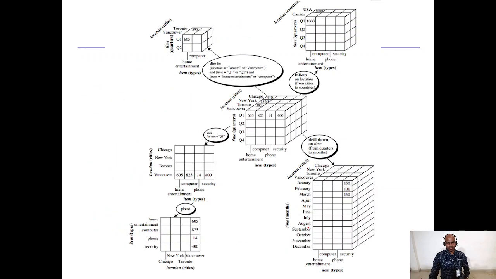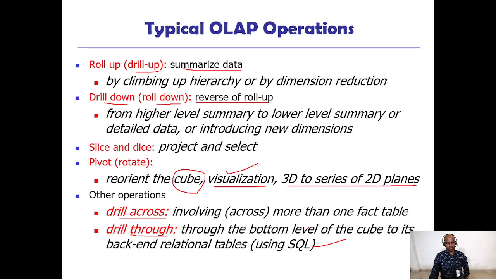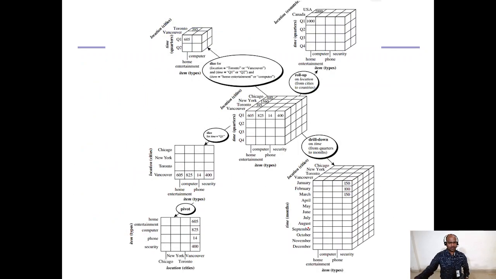So this is an example of a data cube or a data warehouse that comprises all these typical OLAP operations. This is our data cube. In this way, we are performing the roll-up operation.